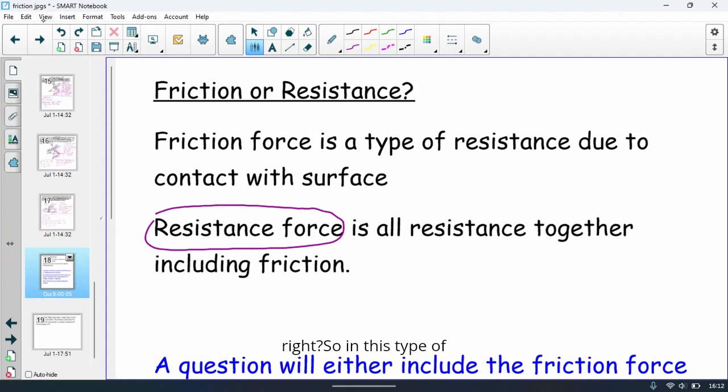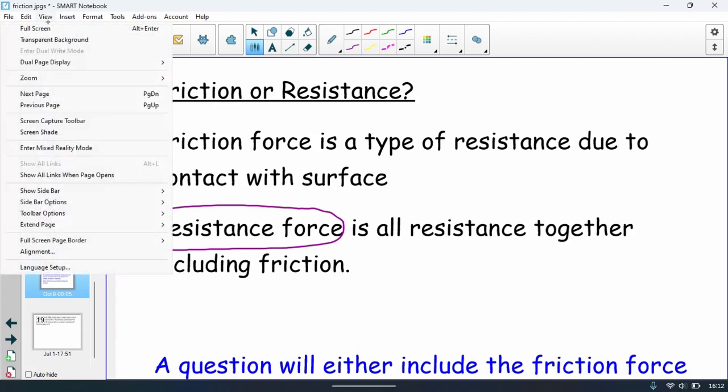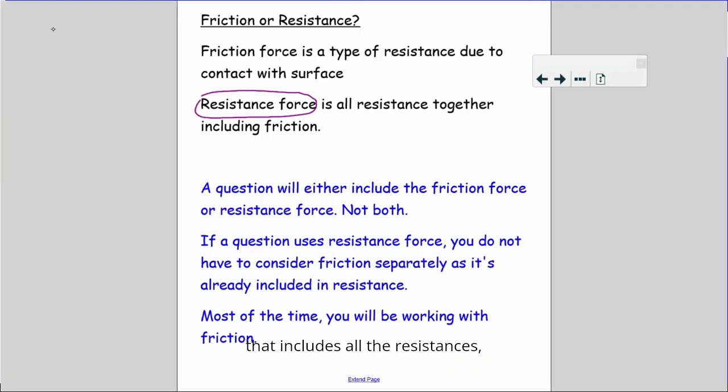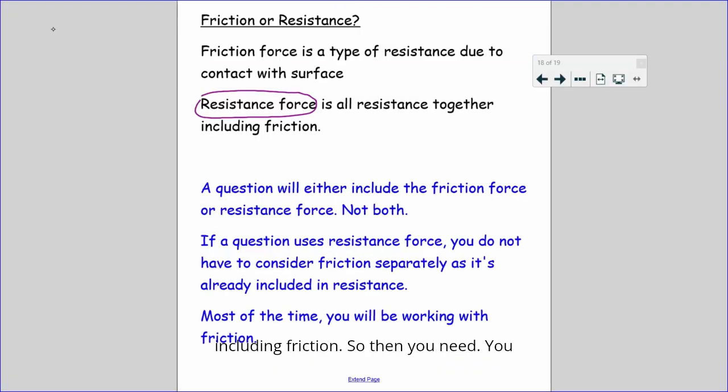So in this type of question, you don't need to consider friction separately. You just consider the resistance force, and that includes all the resistances, including friction. So then you don't need to think about friction or the coefficient of friction separately. Okay, but most of the time you will have friction questions.